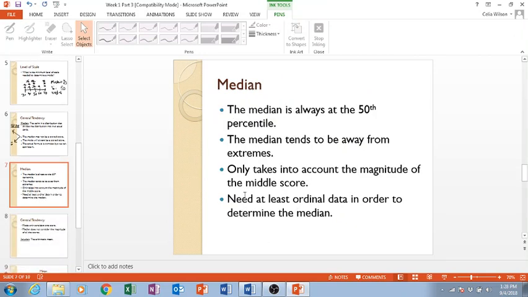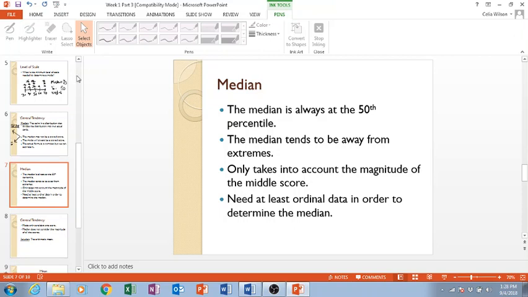All right, so let's look a little bit more about the median. The median is always at the 50th percentile. The median tends to be away from the extremes, only takes into account the magnitude of the middle score, and we need at least ordinal data to determine the median. All right, so let's look at one of these problems of the median.